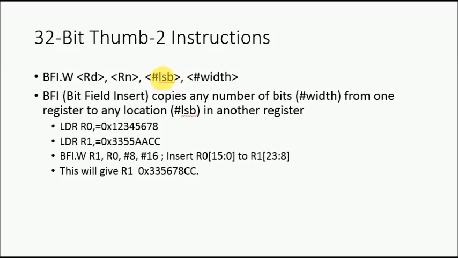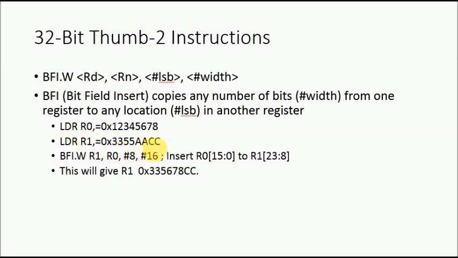Now consider one example here. Consider we have to load R0 with 12345678 using the LDR instruction. Then using the next instruction, LDR R1, I am going to insert an immediate value in R1, that is 3355ACC.